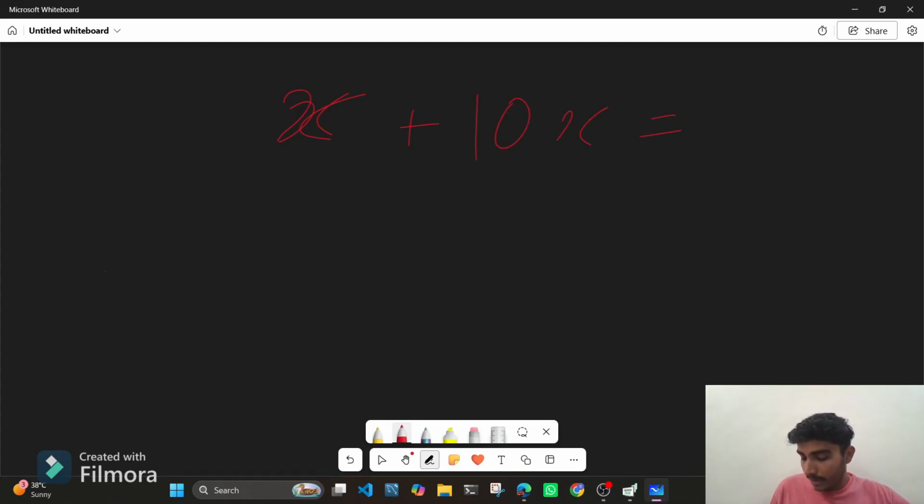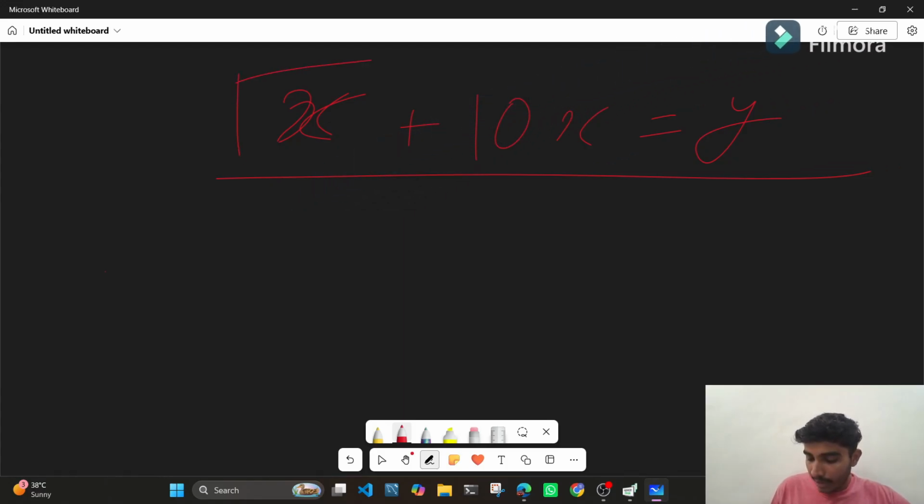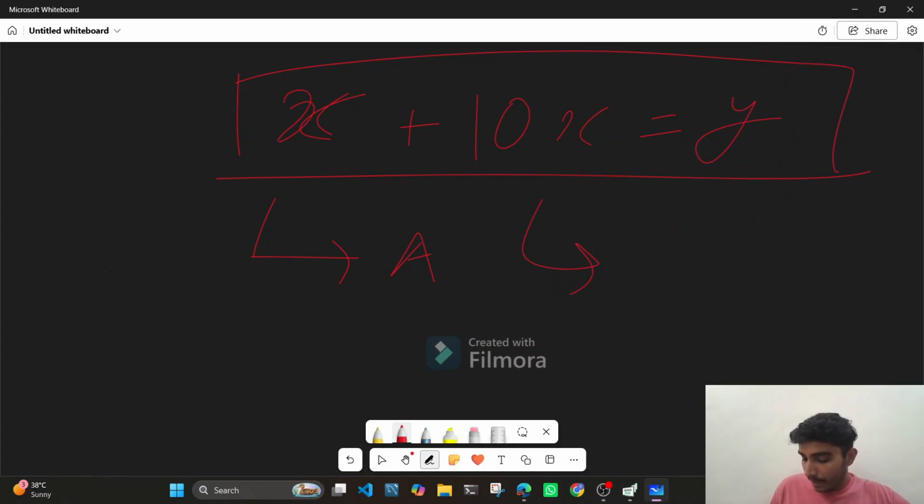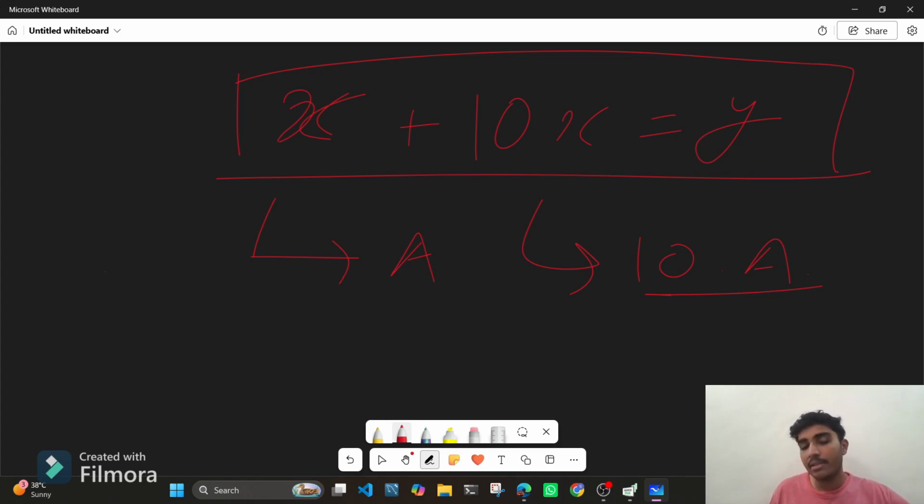So this is how we'll represent the equation. Let's say y is the total time required. x is the time required by person A to do the work, and person B requires 10 times the time of A. That is why we have represented it as x plus 10x is equal to y, where y is the total amount of time.